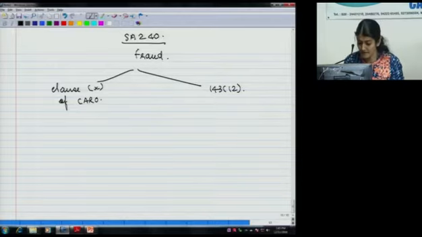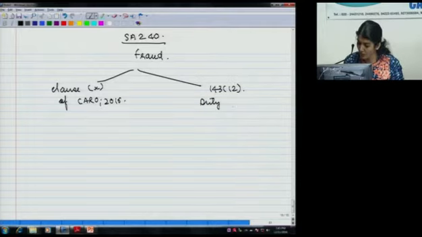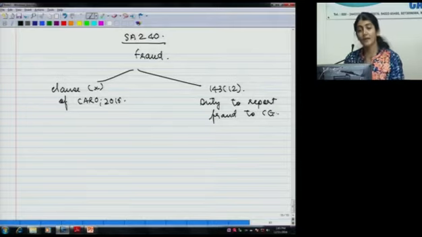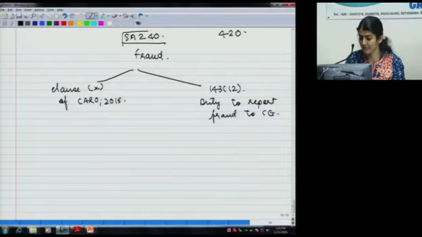Right, so clause 10 of CARO 2016 and 143(12), which is regarding the duty to report the fraud to the CG. And any person who does a fraud, what number do we use for that person? 420. So 420 of 240.